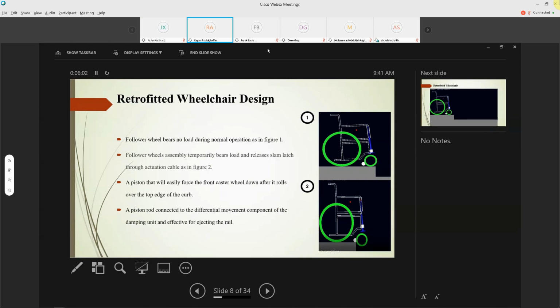The second figure shows the follower wheel loaded a lot, so it releases the slim latch through the action cable that will easily force the front caster wheel to go down after it rolls over the edge. The piston rod is connected to the differential movement of the damping unit, affecting the ejecting of the trailer.